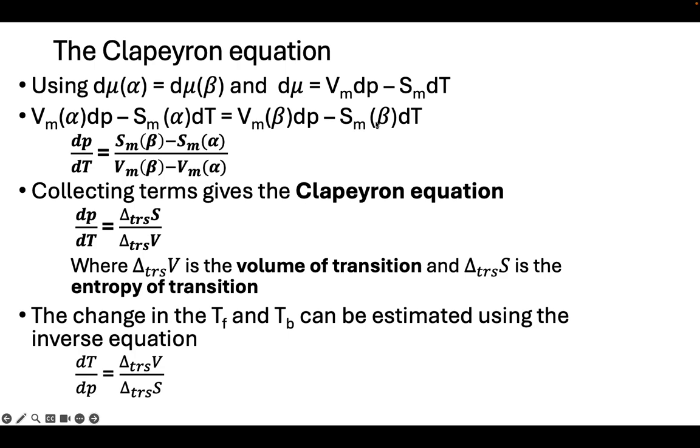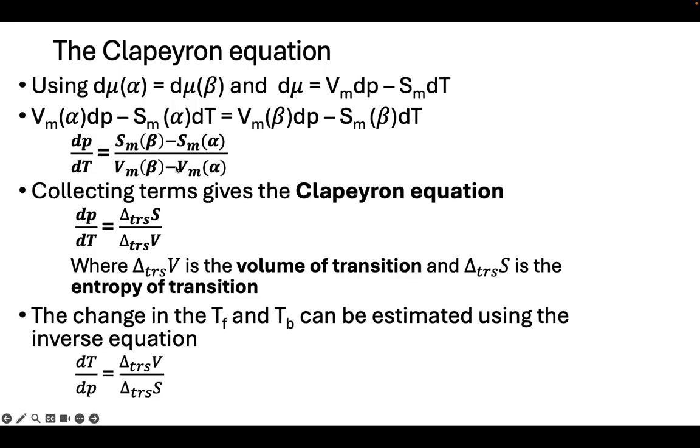Then you collect terms and you end up with the slope we're looking for, the change in pressure with temperature along that line: the change in the molar entropy between the two phases over the change in the molar volume between the two phases.